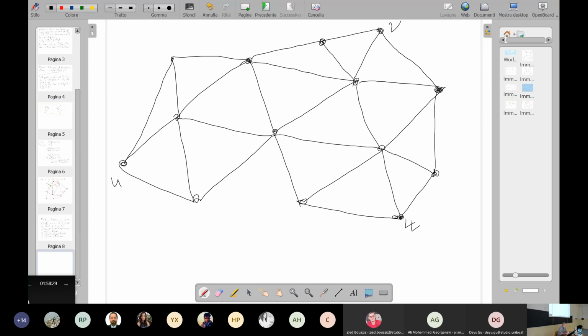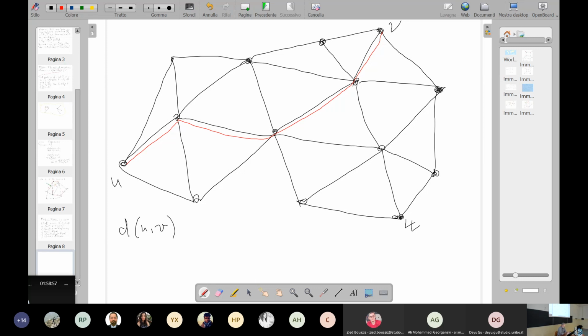Okay, so what's the distance between U and V? Let's see, I can find several paths from U to V. One could be this. And I hope it is a shortest one. Do I get any path which is shorter than that?